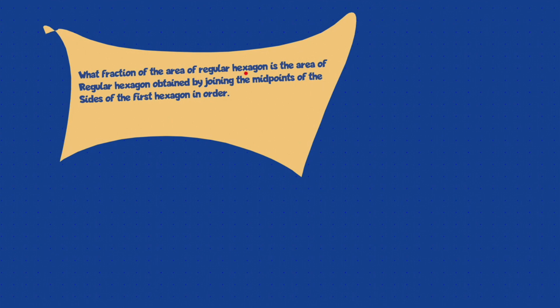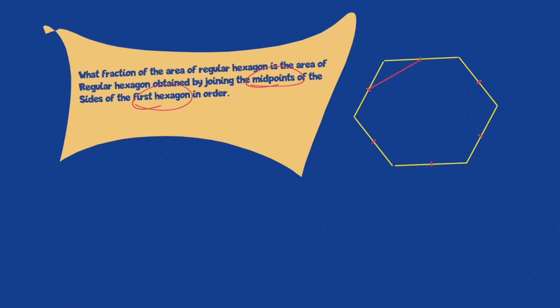Now let's take a problem on polygons. What fraction of the area of a regular hexagon is the area of a regular hexagon obtained by joining the midpoints of the sides of the first hexagon? So I draw a hexagon, I take the midpoints of all the sides, and I draw one more hexagon with these midpoints.